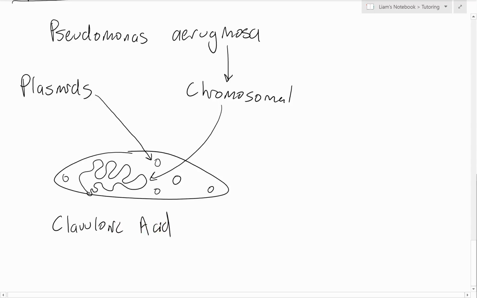Although it's a beta-lactam, so it's got that beta-lactam ring, it's classed as a penicillin actually, and it binds to transpeptidases, but quite weakly. So by itself, it's quite a poor antibiotic. What it's really good for though is that it binds to plasmid-encoded beta-lactamases very, very strongly, with a really high affinity.